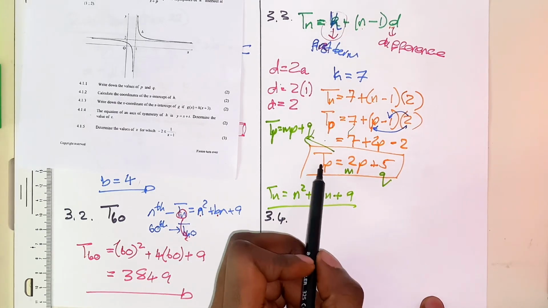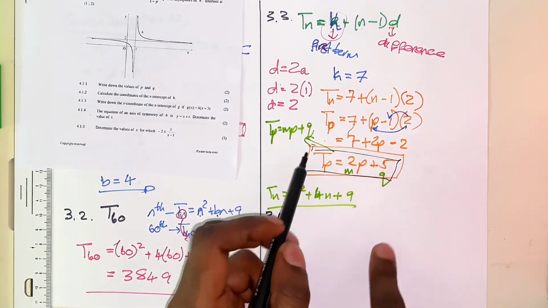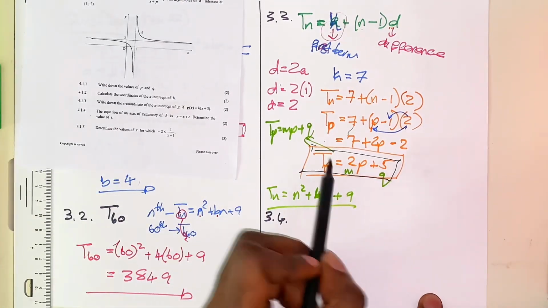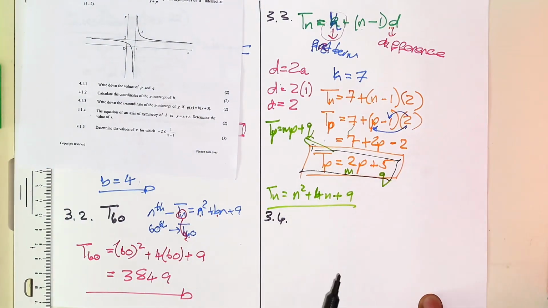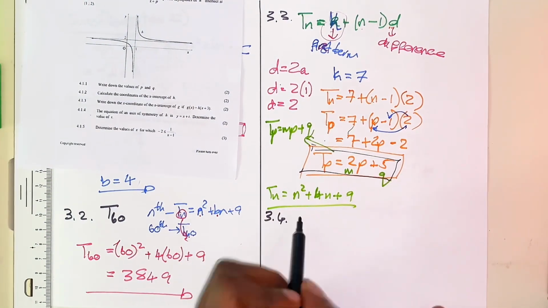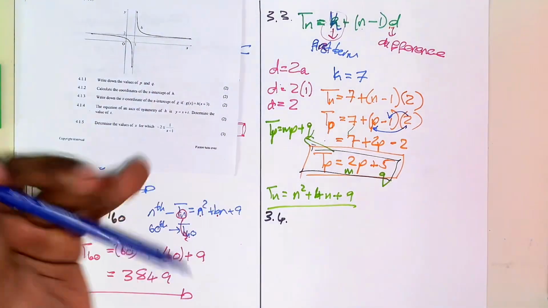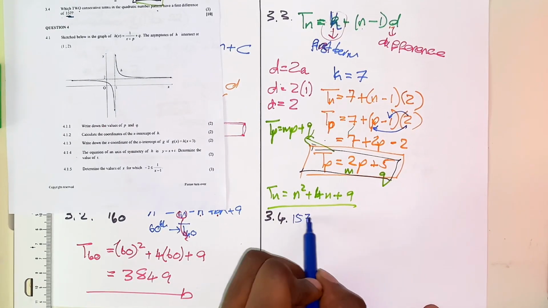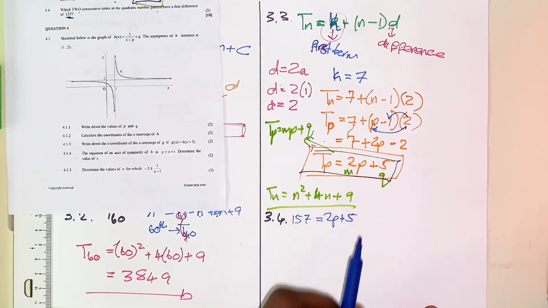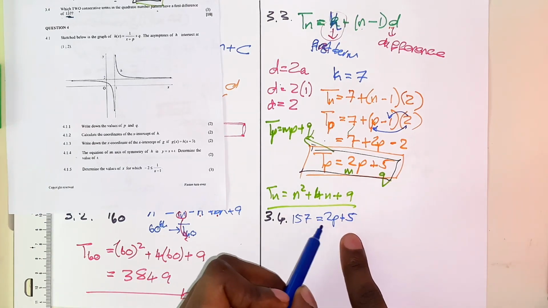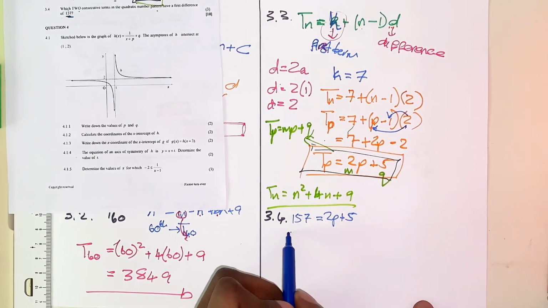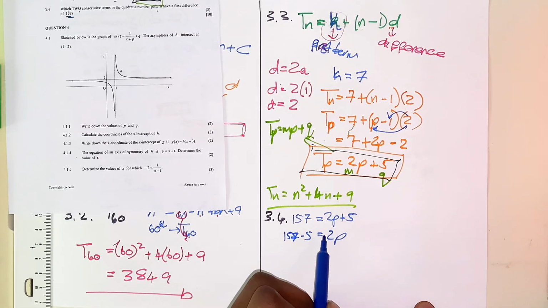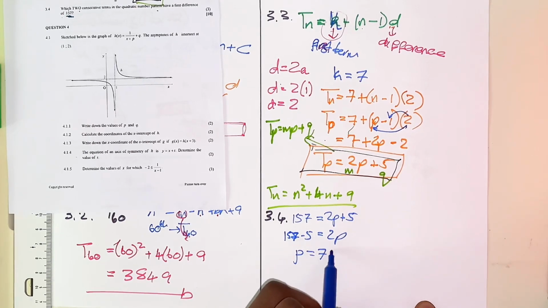We know that this formula gives us the first difference. So it is the general formula for the terms of the first difference. So what we'll just have to do is find the term that is equal to 157. Now we say that 157 is equal to 2p plus 5. So we work out our equation here to solve for p. Now that will be 157 minus 5 equal to 2p. And we'll find that our p is equal to 76.